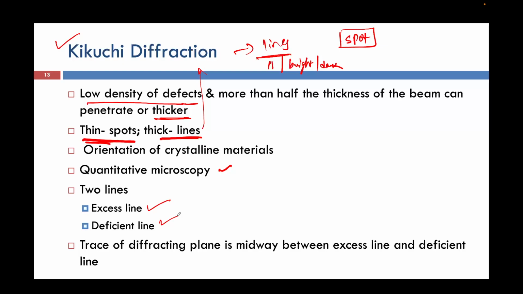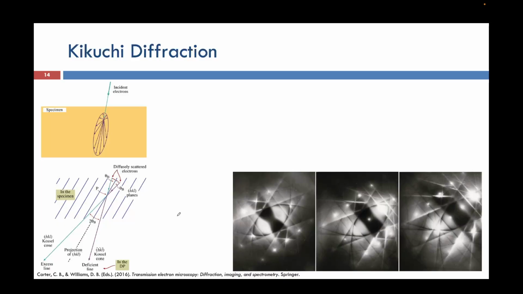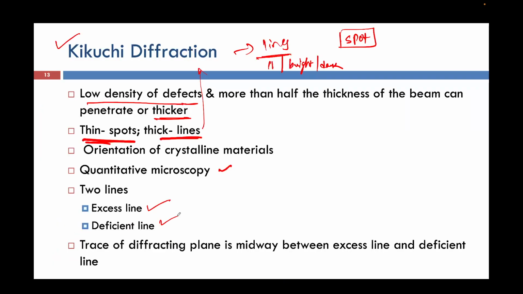Okay, by viewing the Kikuchi pattern, we see one of the most important pieces of information when we go to transmission electron microscopy: there is a term called zone axis.